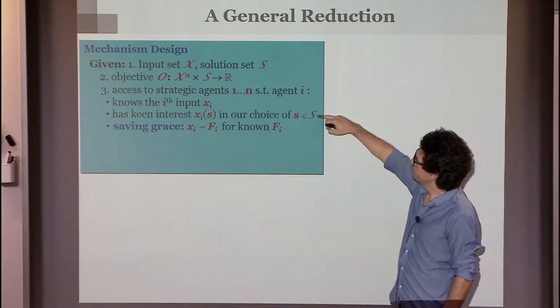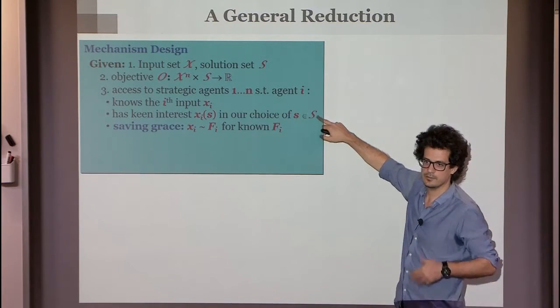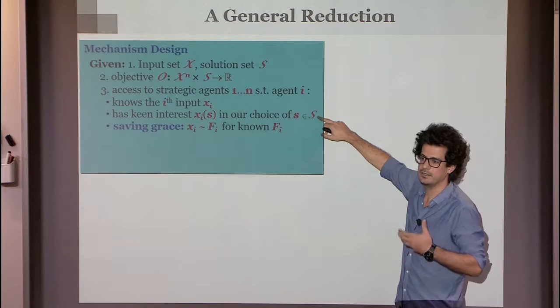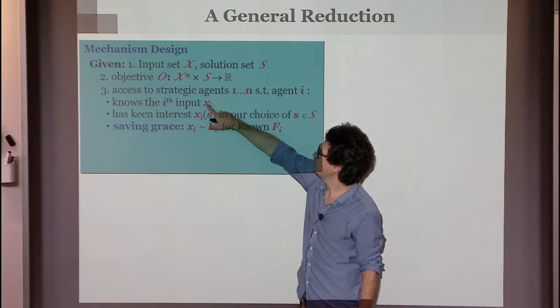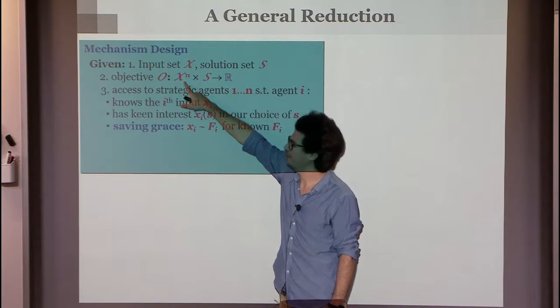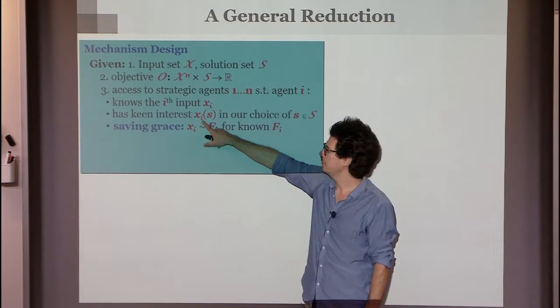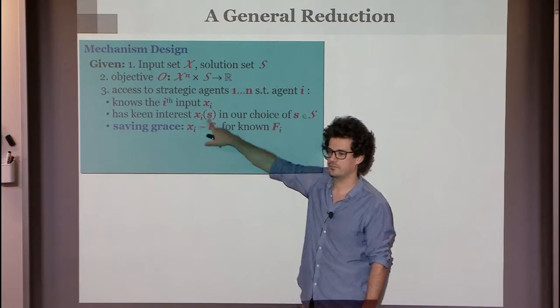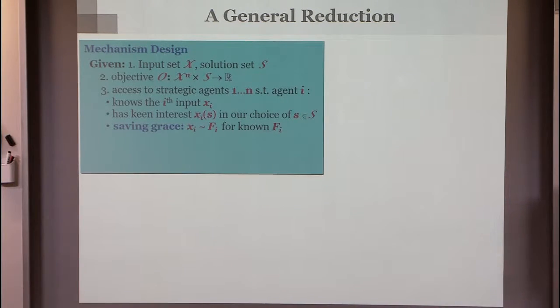And what is interesting, and this captures the fact that it's a mechanism design problem, is that the inputs have a keen interest in the output of my computation. These inputs are both inputs to the function that I'm trying to optimize, but they're also functions themselves. And this is how much they like each solution. So that's a general way to phrase a mechanism design problem.